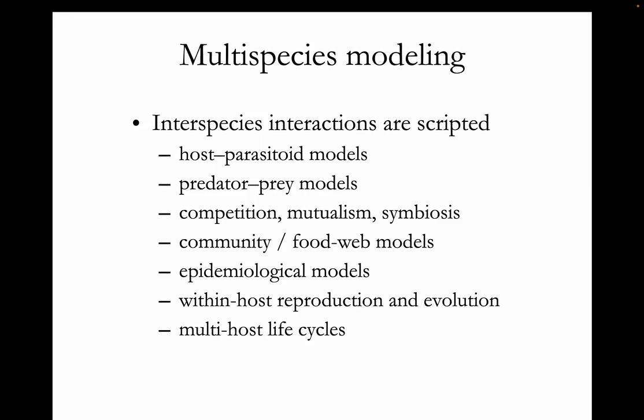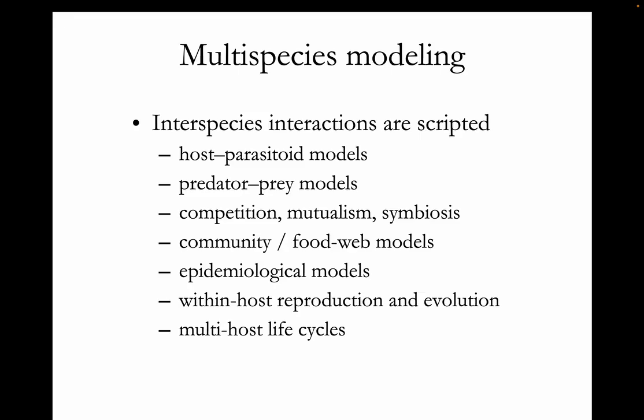So, as we've just seen, interspecies interactions are scripted. That host-parasitoid model had some explicit Eidos script describing exactly how the parasitoids hunt the caterpillars, and the fitness consequences of that interaction for both of them. You can script whatever kinds of interactions you want: predator-prey, competition, mutualism, symbiosis, and community web and food web models are all possible.